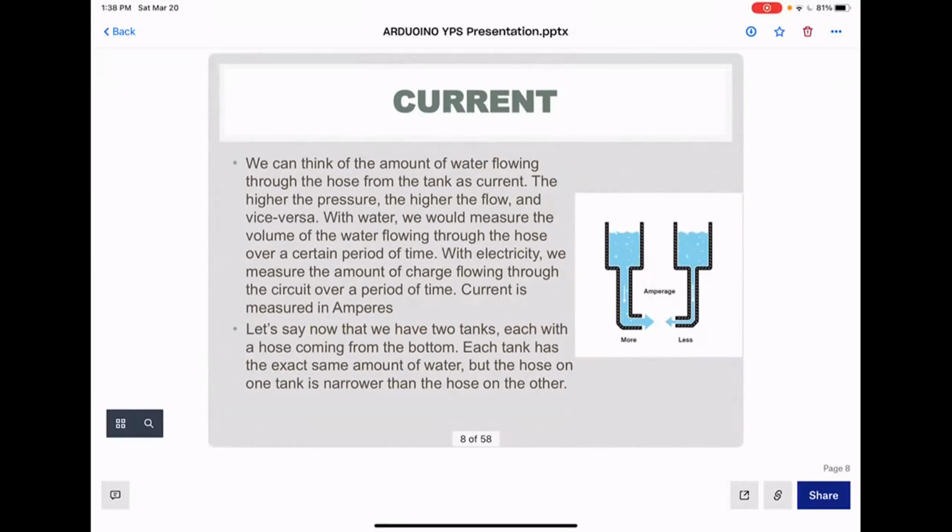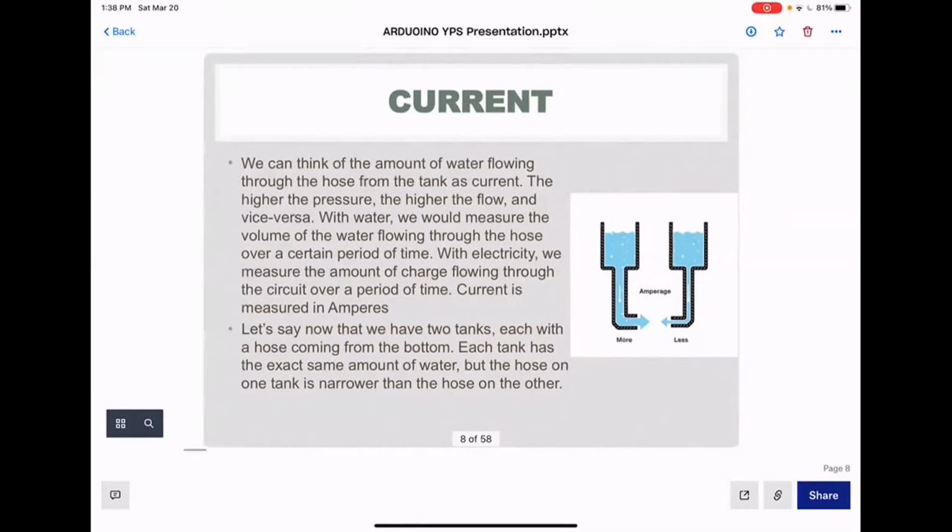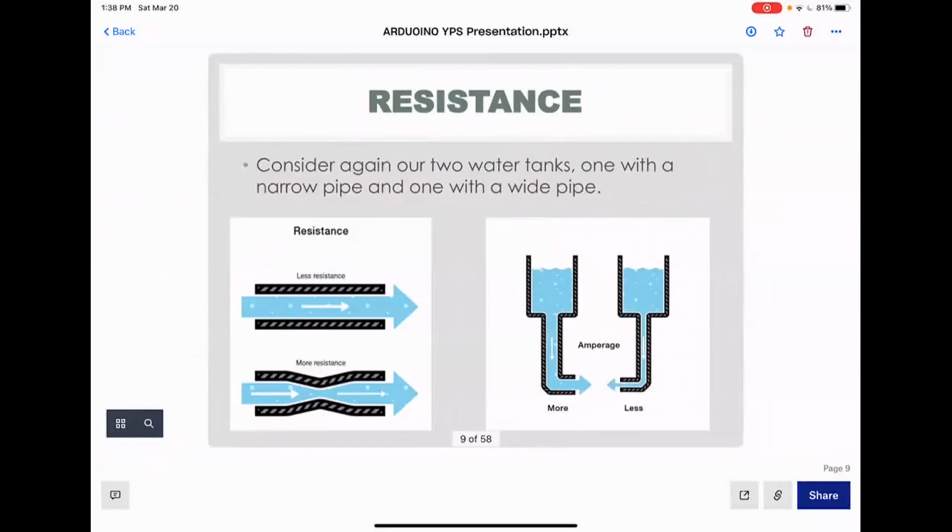The symbol for current is I, and the unit is amperes. The next, I already touched on resistance. As you can see, one tube has less resistance, so more current will flow through. The other one has more.